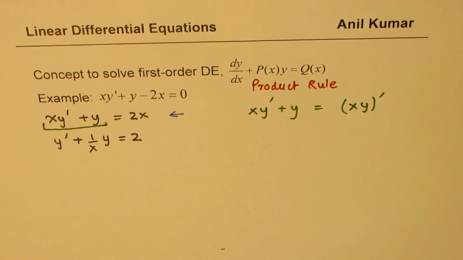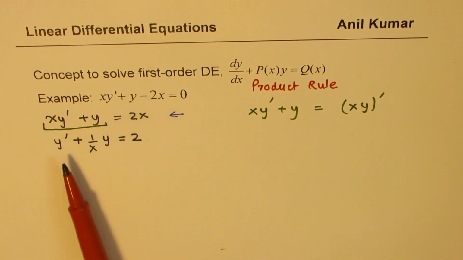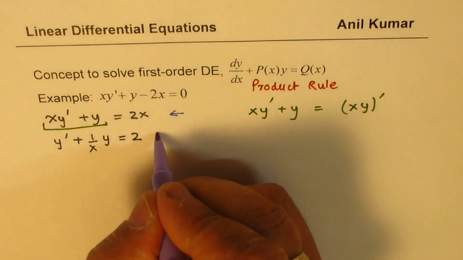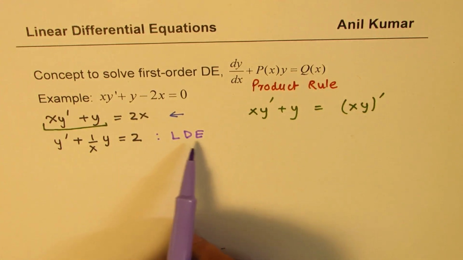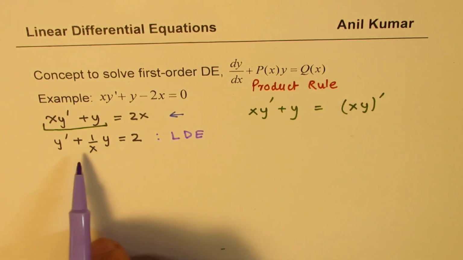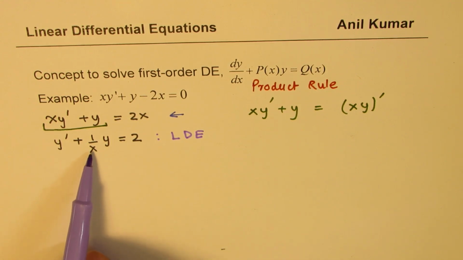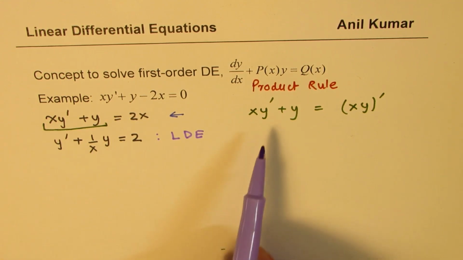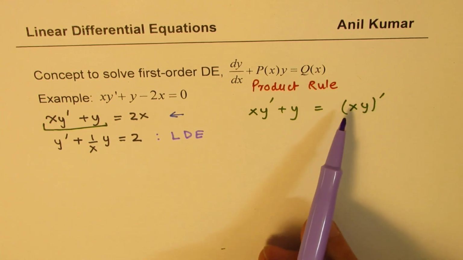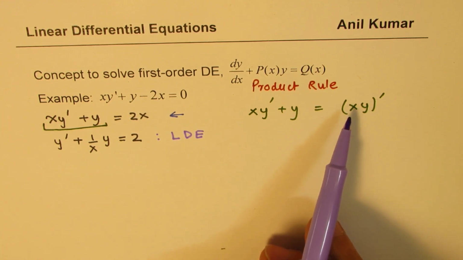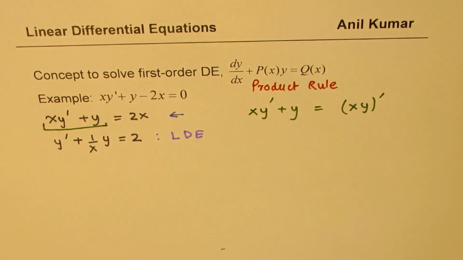Perfect. So what we notice is that in this linear differential equation, if I multiply by x, I get something which I can integrate. So that is what it is.